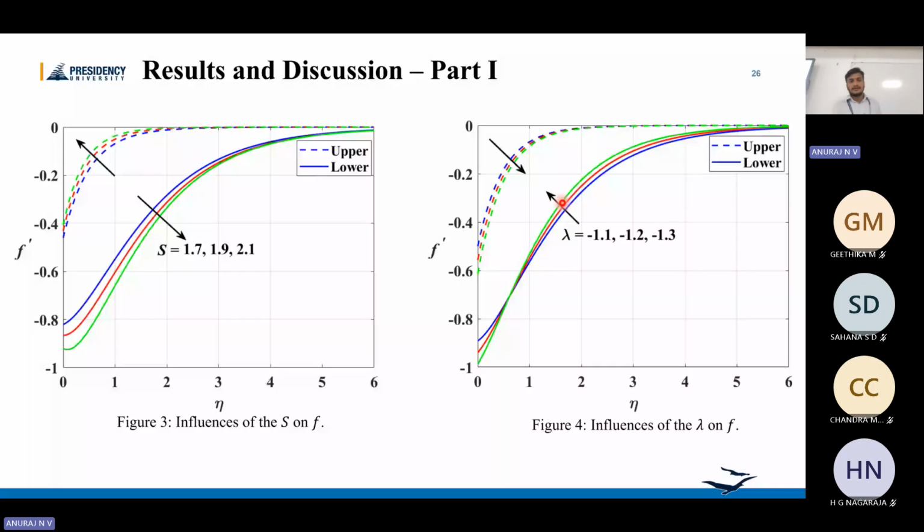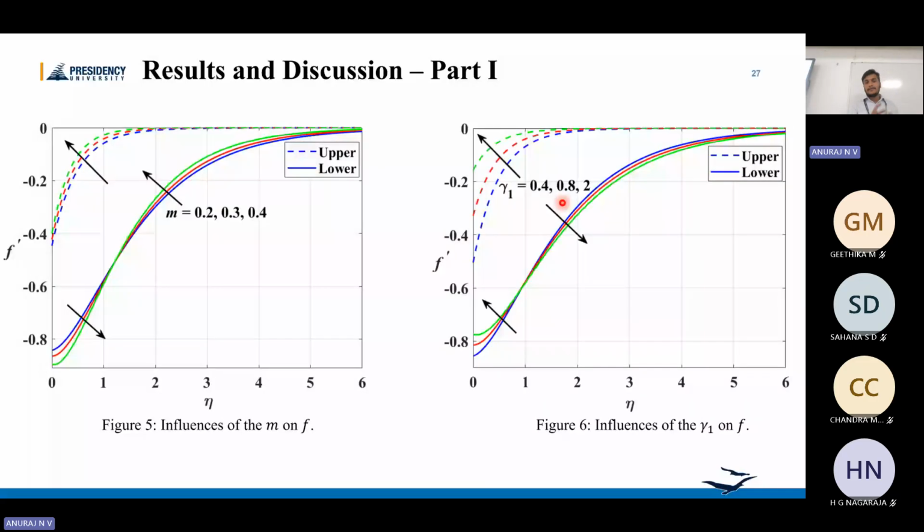Similarly, I'm showing here the power law index of the tangent hyperbolic fluid. When the power law index increases, what happens is that when viscosity increases, flow should decrease. But here I'm showing that when m increases, flow also increases.